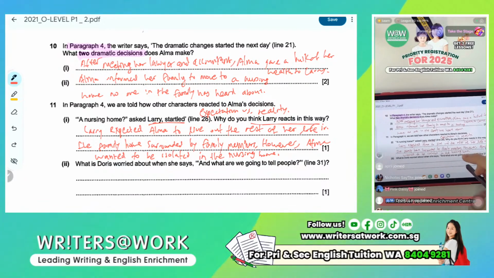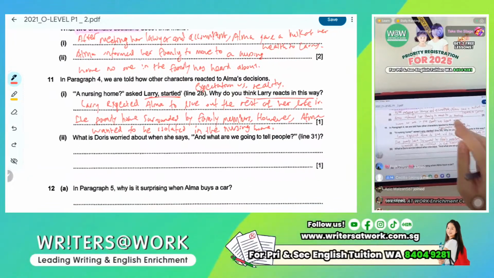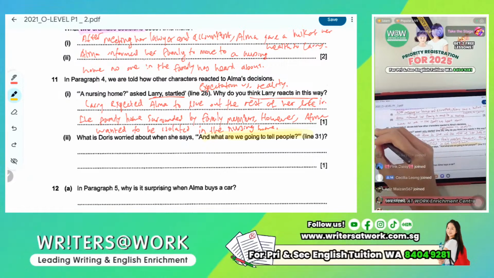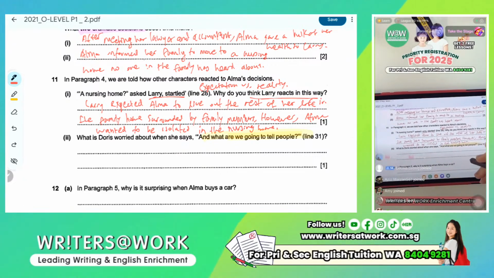Then the last question, and what are we going to tell people? So probably here, this question, what are we going to tell people, is probably how Doris didn't know how people would think of Alma and the family after they inform people that Alma was going to a nursing home, right?